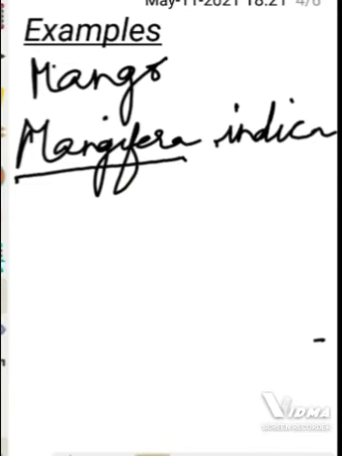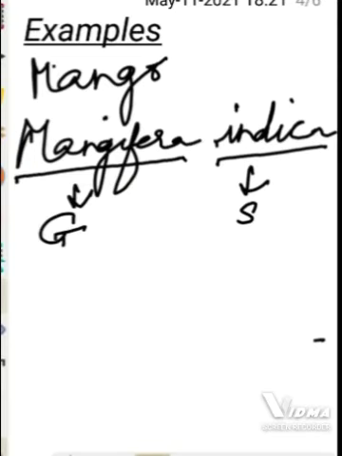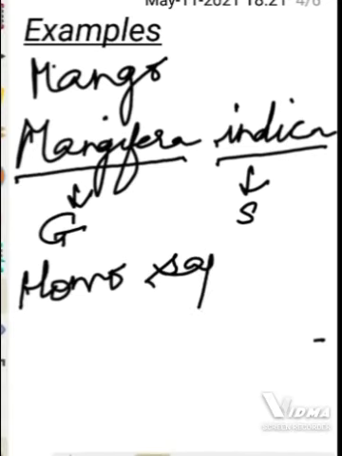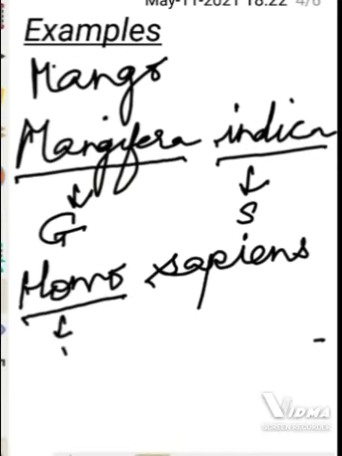Let's take another example. Homo sapiens. This is the zoological name of human beings. Homo is the generic name, starting with capital H. Sapiens is the name of the species, starting with small s.